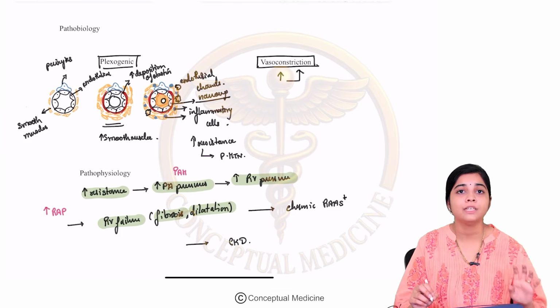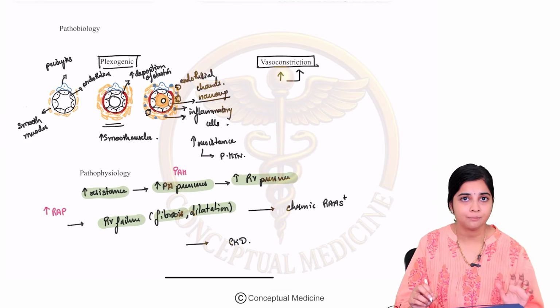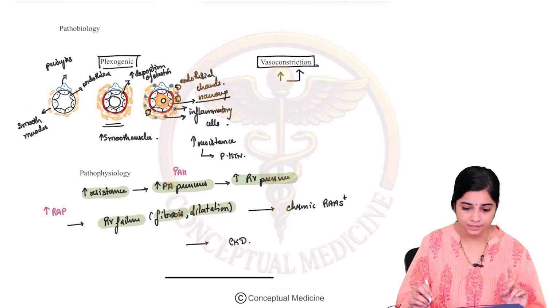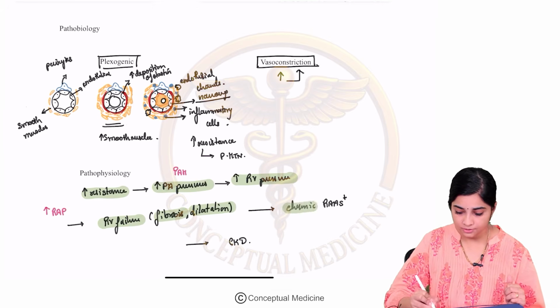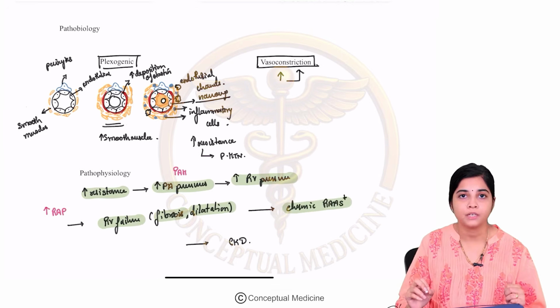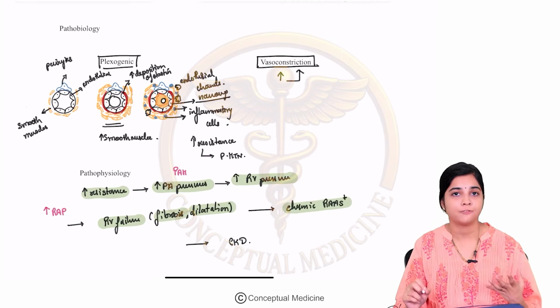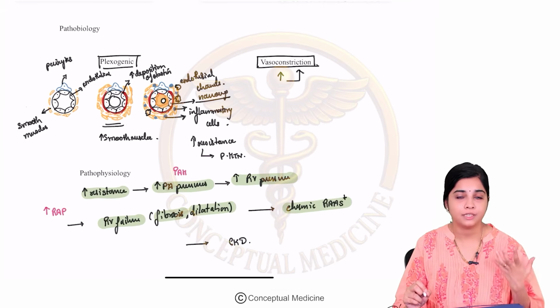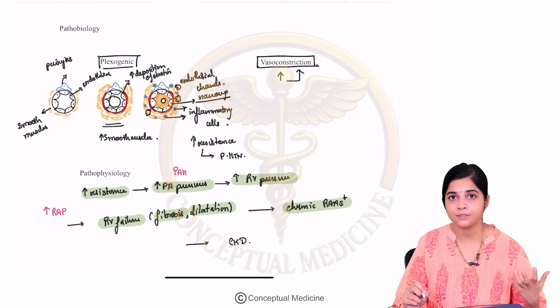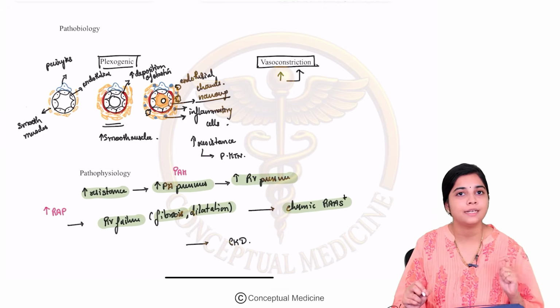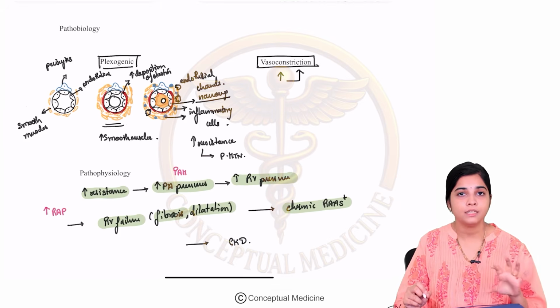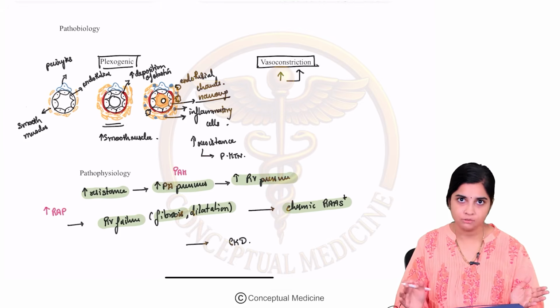Now, if the RV goes into failure, what will happen? There will be stimulation of the renin-angiotensin-aldosterone system, because we had learnt in our heart failure chapter as well, whenever there is heart failure, there is stimulation of the renin-angiotensin-aldosterone system. Now, we know that the renin-angiotensin-aldosterone system is basically going to recognize the volume condition in our body.